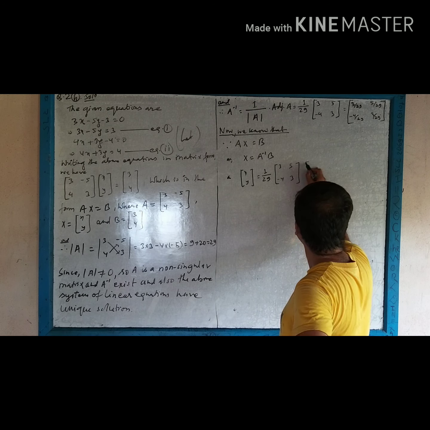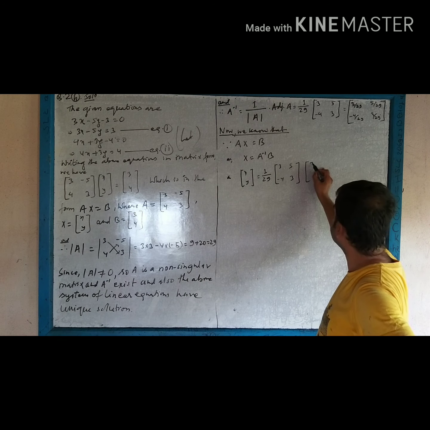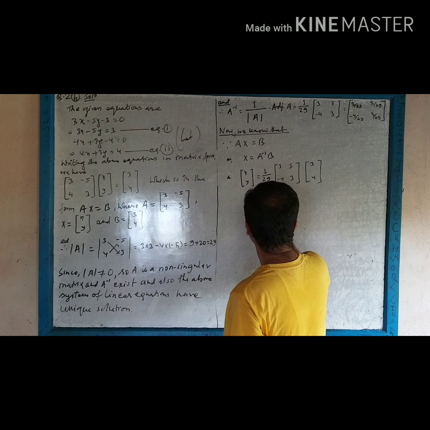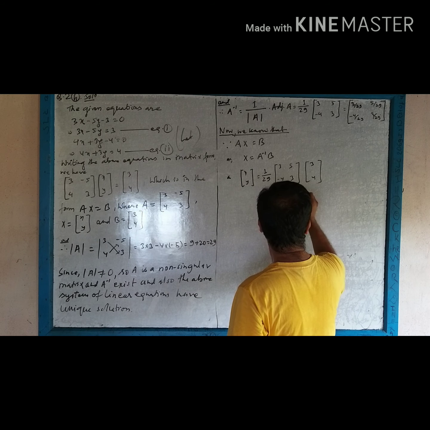And then what is the value of B? Matrix B is 3, 4. Now let's multiply. It is 1 by 29 times 3 into 3 plus 5 into 4, and minus 4 into 3 plus 3 into 4.